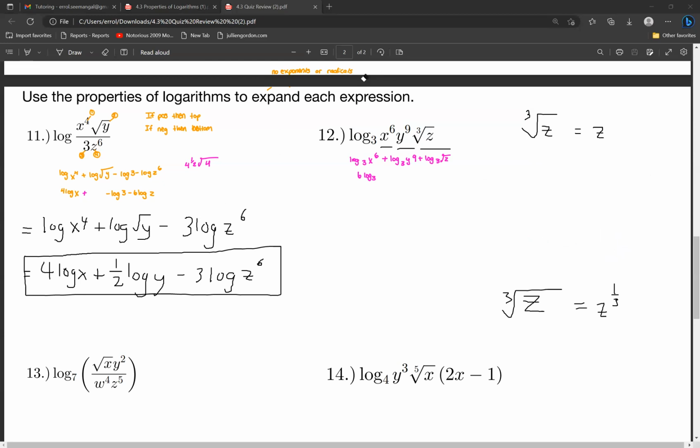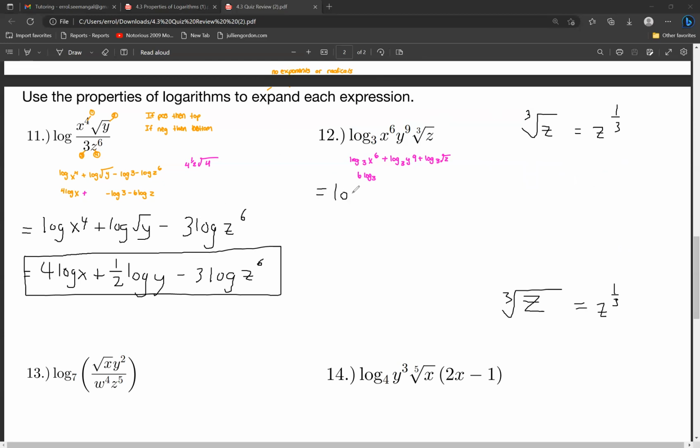So cubed root of z is the same thing as z to the 1/3. Just like there's an imaginary 2 right there, so this is z to the half. All right, so since we know the whole thing is to the 3, let's break it out into 3 logs. So this one would be what?